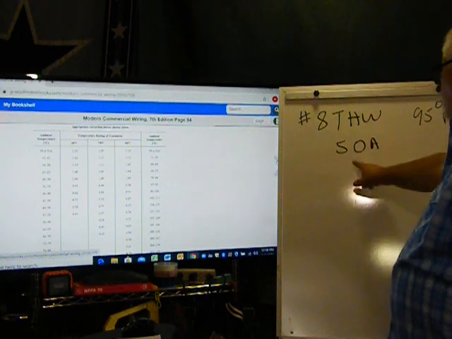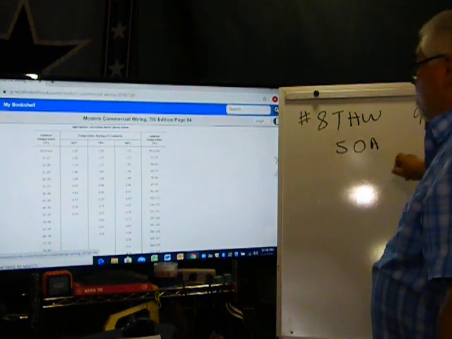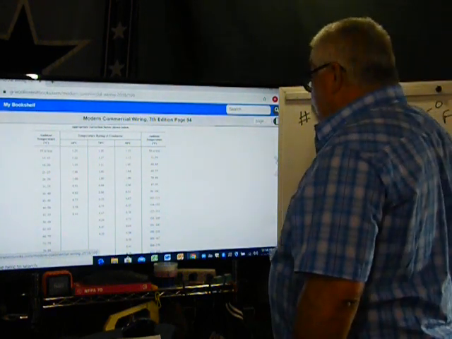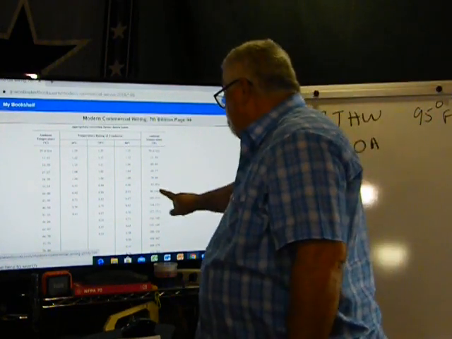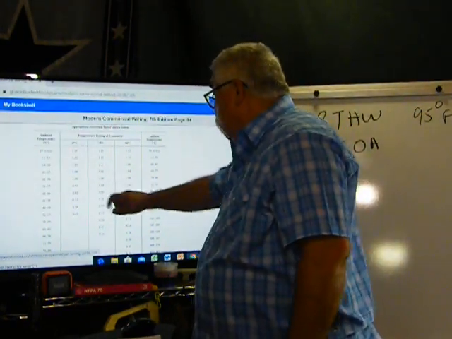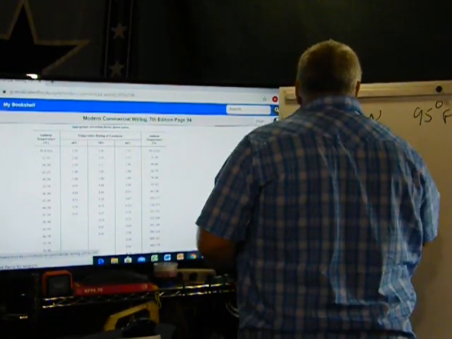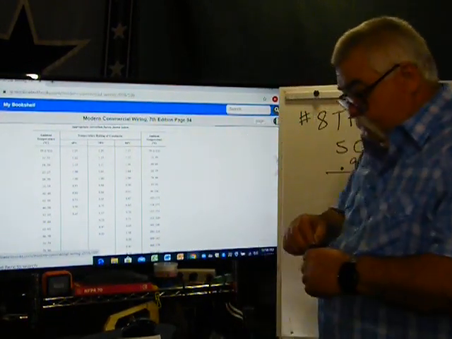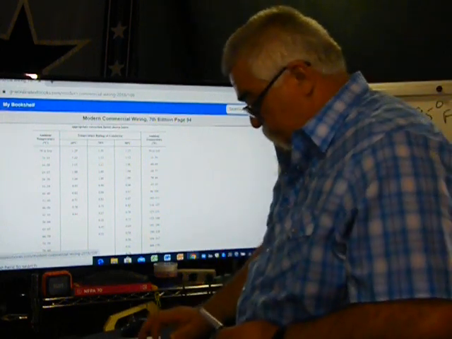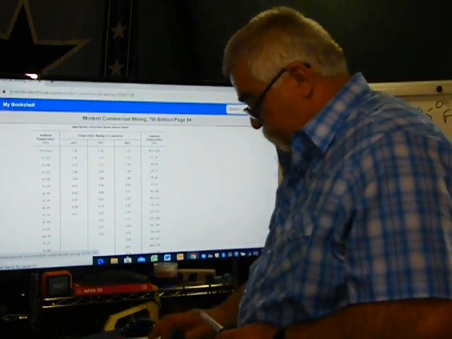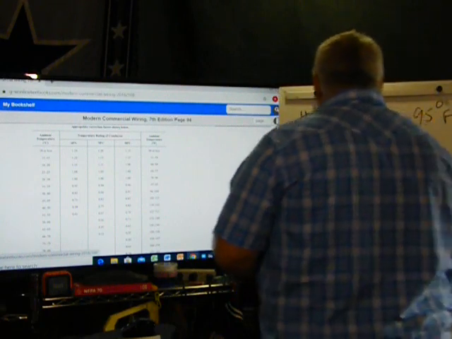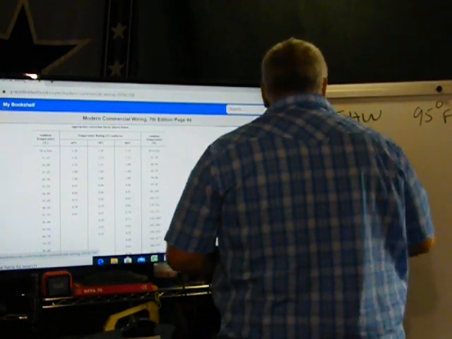Okay, 50 amps, 95 degrees. I said it was a 75-degree wire. Come up to 95, 0.94. This wire can handle 47 amps.